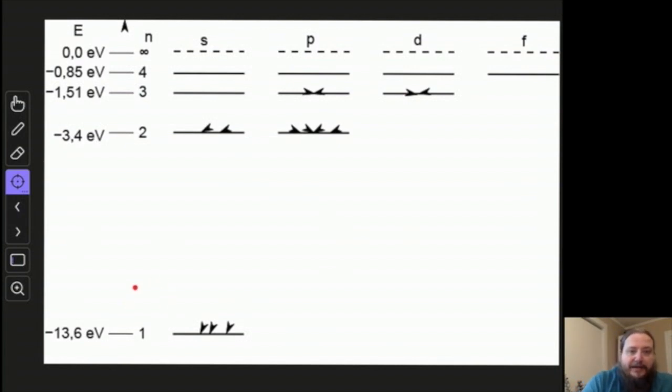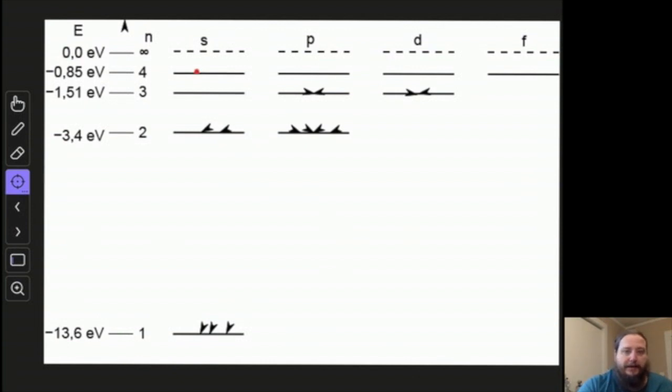There's a ground state down here with quantum number n equals 1, and then at the n equals 2 stage, there are not only the so-called s orbitals, but also the p orbitals.